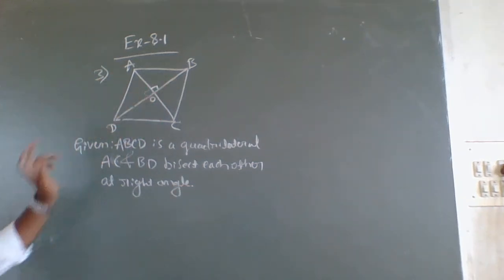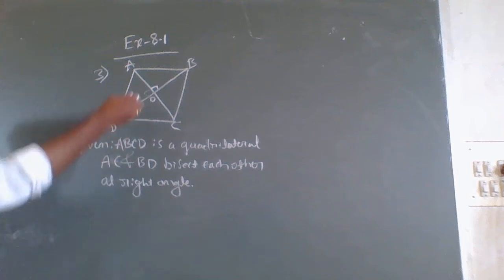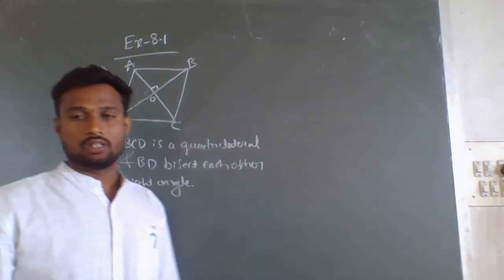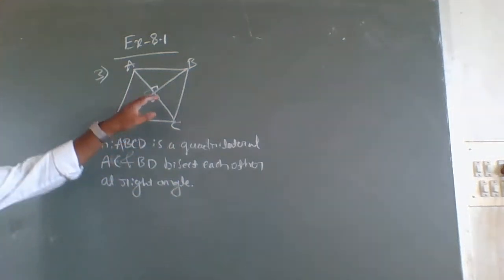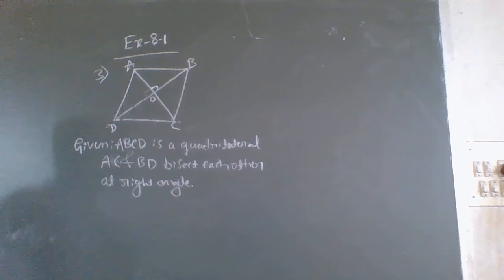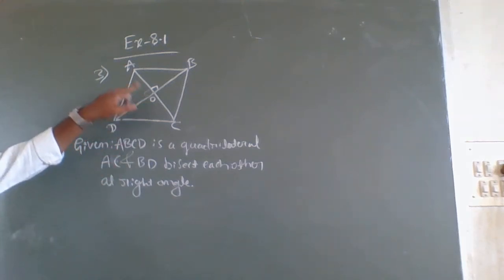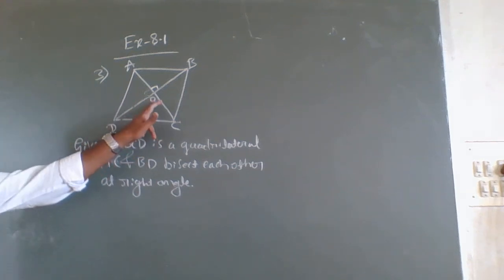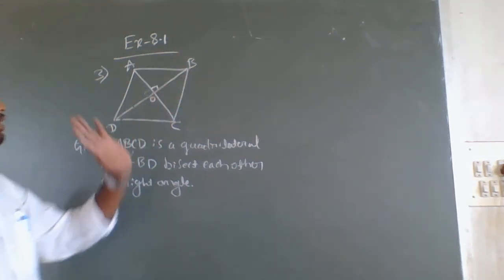AC and BD bisect each other at right angle, and bisect each other means these two diagonals intersect each other in such a way that OA should be equal to OC. Bisect means it will be divided into two equal parts, therefore OA is equal to OC. Like that, OD is equal to OB.